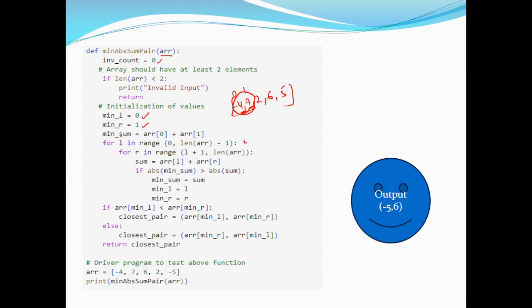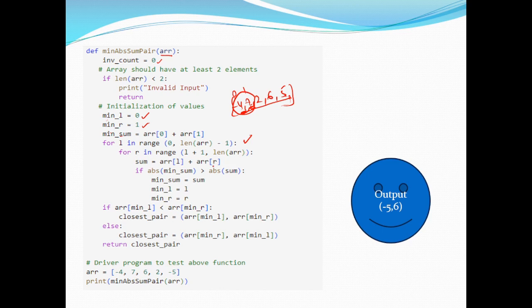Now we will execute the outer loop, that is for L in range of 0 to length minus 1. I have already told you that if the list has length 5, then we iterate this loop from 0 to 4. Then the inner loop will execute from L plus 1 to length of array, because we calculate the sum starting from this to this.